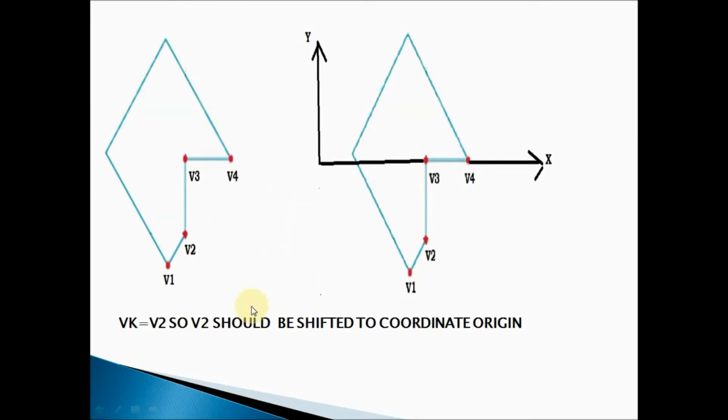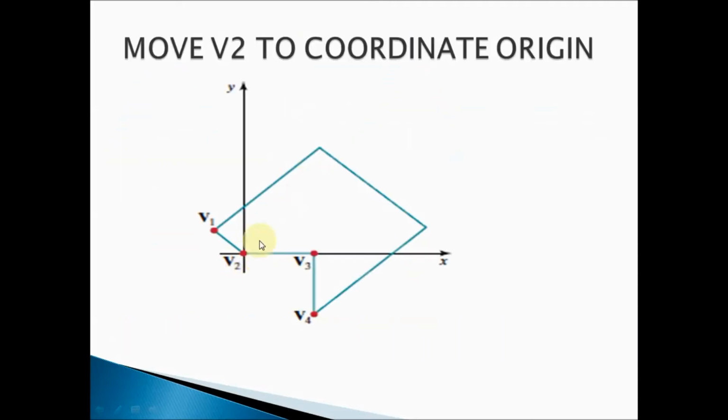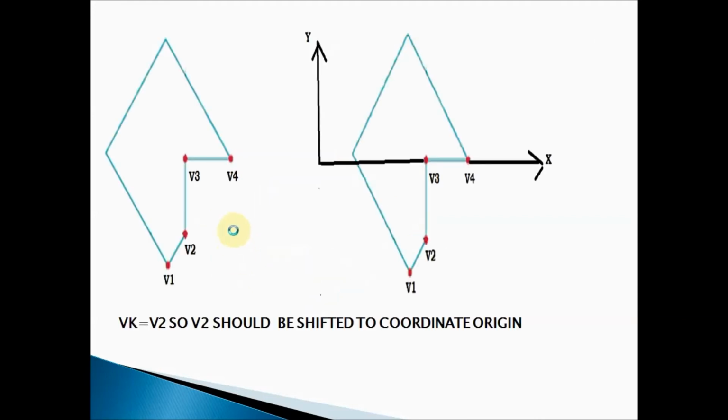Now in the first step, what I did is I shifted v2, that is vk, to the origin. This is the first step. Don't worry about these edges, I will explain in the coming slides, but so far you have to understand that you have to move the vertex vk. In our example, vk is v2.